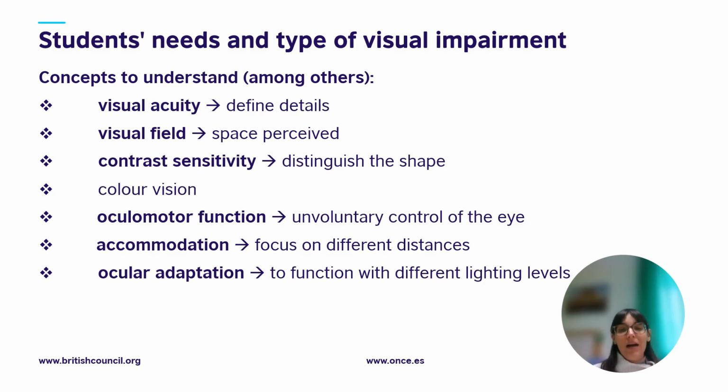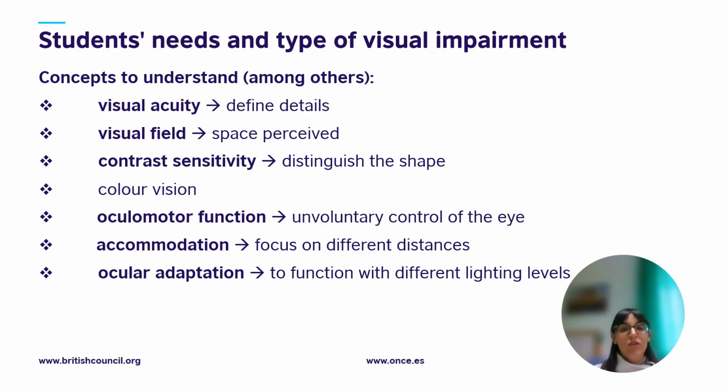Here you've got different general concepts that will help to understand the differences between these disabilities. Depending on how these concepts are affected, the student will have one disability or another.